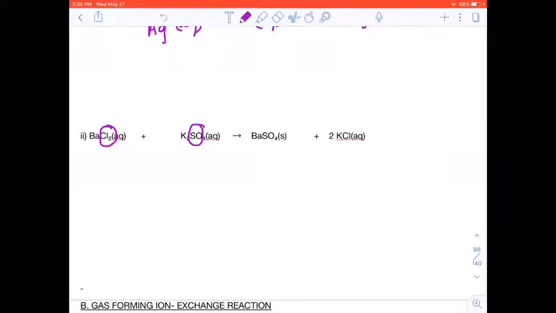So what happens is they change, as you can see here. Barium's partner becomes the sulfate, and potassium's becomes a chloride. So this reaction is balanced. Let's look now at the ionic equation for this.